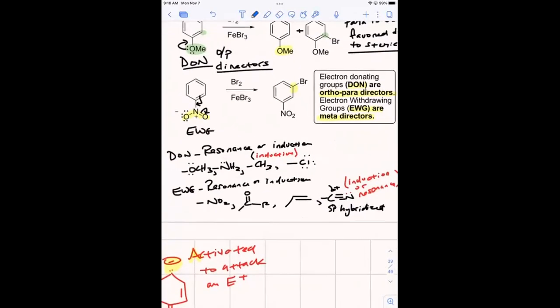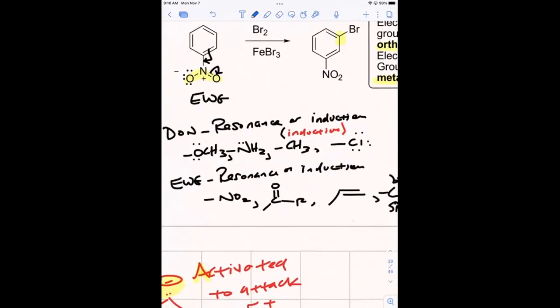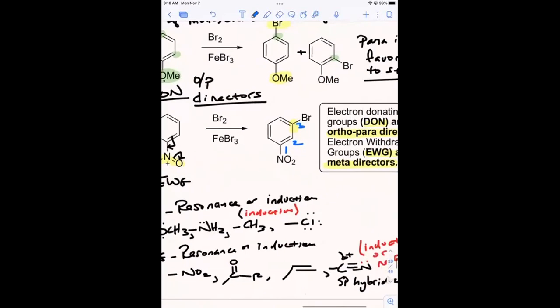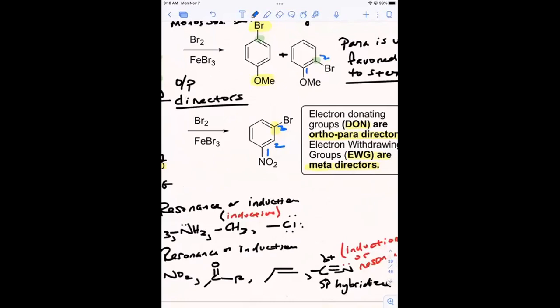If you have an acceptor on the ring, in this case this example right here, the meta position is basically a 1-3 relationship. So this is 1, that's 2, and that's 3. And then ortho and para are going to be 1-2 or 1-4.